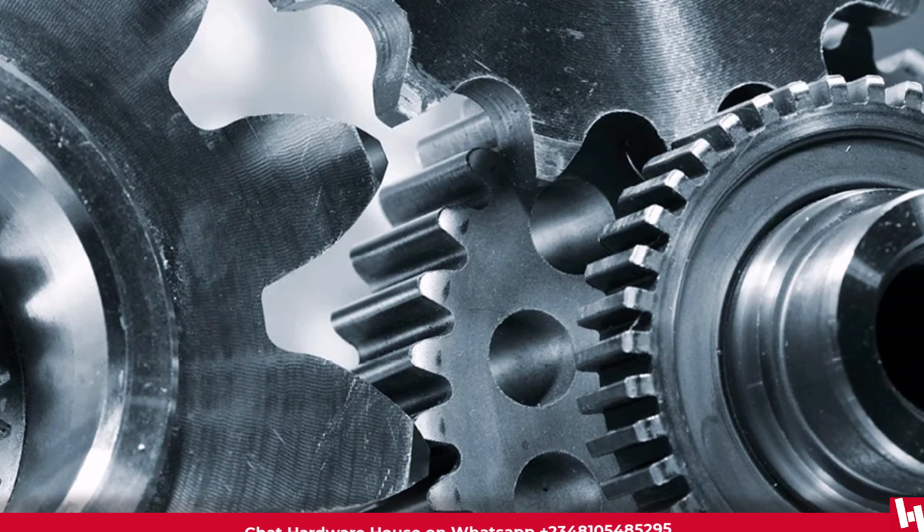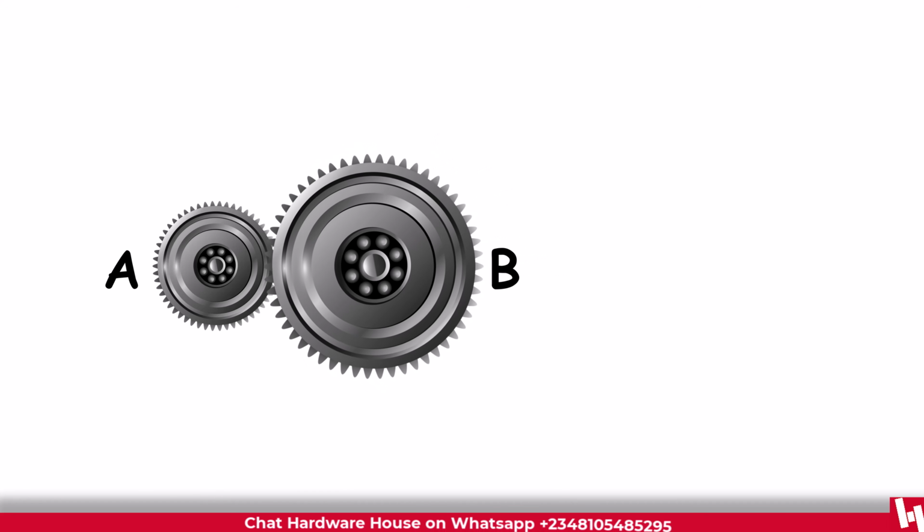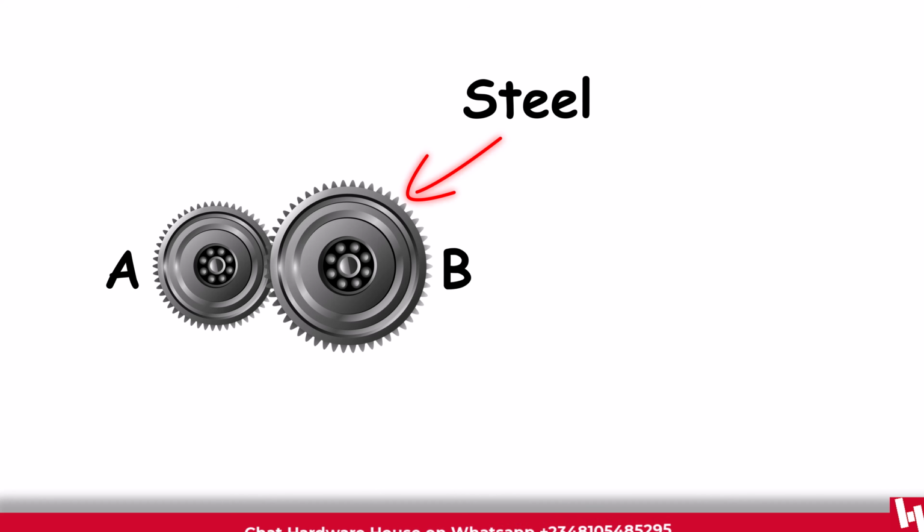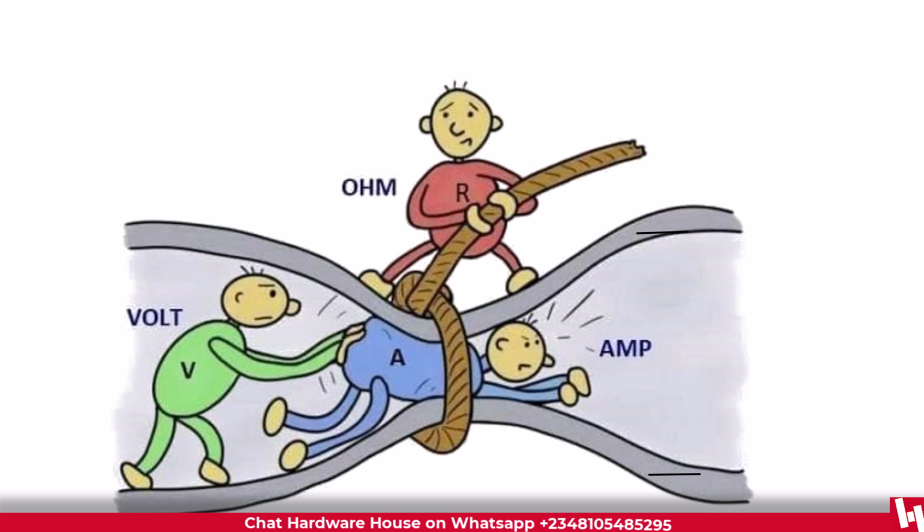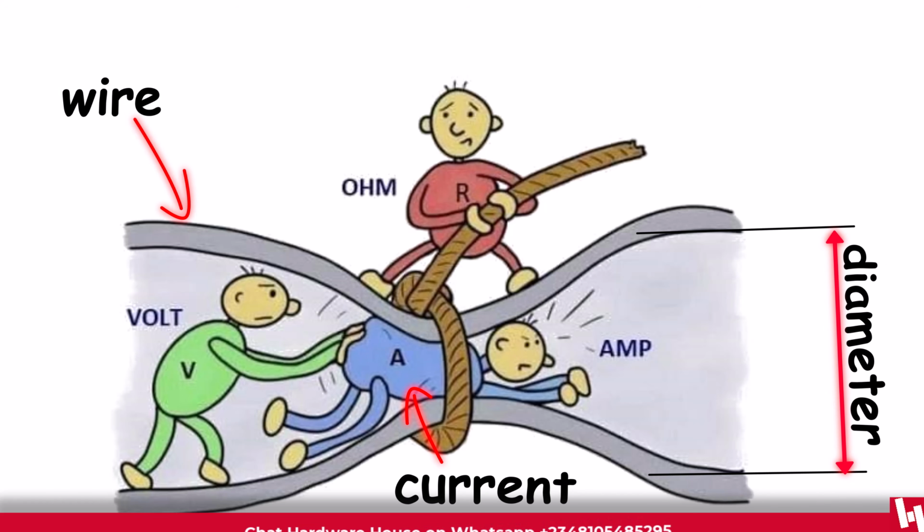But if you're transmitting high speed with low torque, weaker materials can be used for the gears. In the same way, the diameter of a wire being used to transmit electrical power is meant to increase or decrease according to current flowing in the system. Just like mechanical power, electrical power can also be manipulated during transmission according to demand.